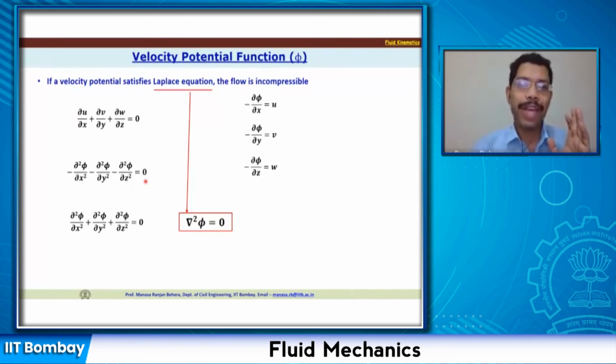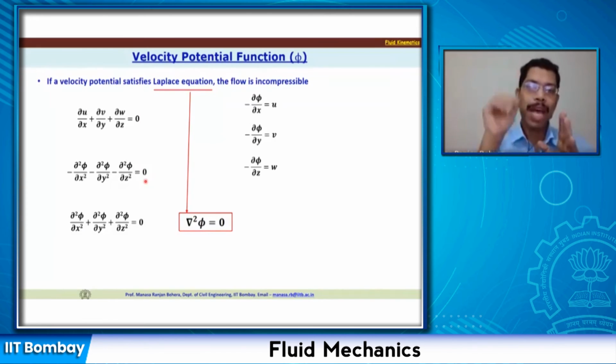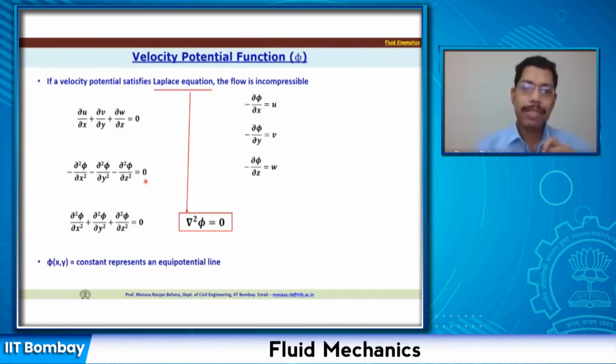Now, this phi function is a function of both x and y. We have seen that in a domain, let us say I have the 2D domain, that is the x and y plane. In that x and y plane, phi is a function of x as well as y. And if this phi xy is constant, this is going to represent one equipotential line. That means if my function phi xy is, let's say, x square plus y square plus 2xy plus 3x square y or something, so that's a function.